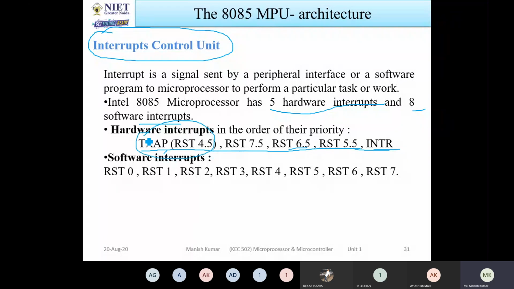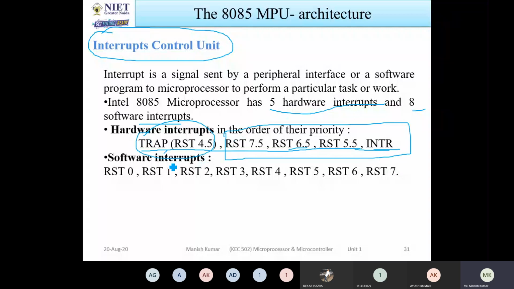You can't do anything in this interrupt. This interrupt is always active. Whenever the system is running, this interrupt is always active. You can't disable the TRAP interrupt since it is non-maskable. Okay. The rest of the 4 interrupts you can modify, you can change, no problem in that.